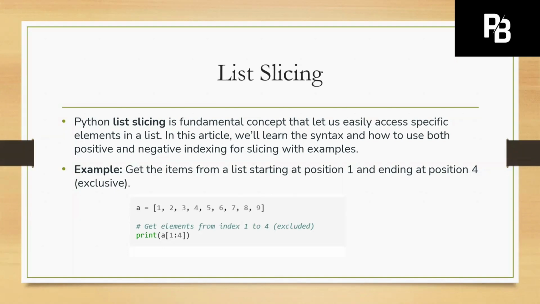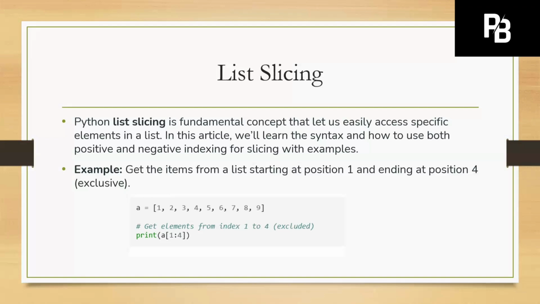Slicing means to get a sub-part of a list, same as in strings. If we just want to get a sub-part of a list, then we use slicing. In this article, we will learn the syntax and how to use both positive and negative indexing for slicing with examples. Positive and negative indexing mean forward indexing or backward indexing.